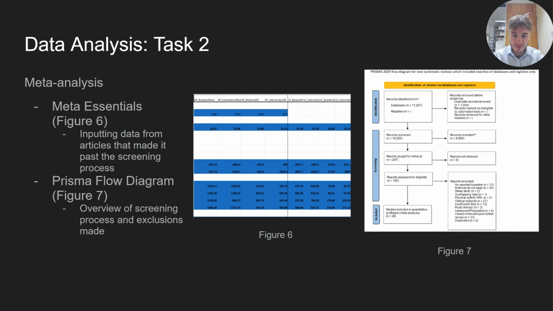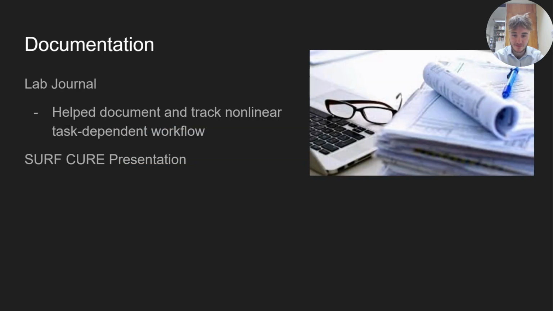Following uploading these meta-essentials to an Excel spreadsheet, I helped make a PRISMA flow diagram of the rigorous screening process. This showcased the yields of our literature search and each successive exclusionary decision made until we were left with our 28 non-review articles that were included in the meta-analysis.